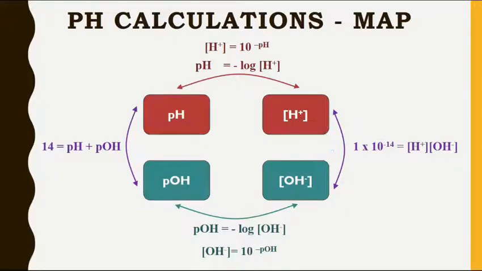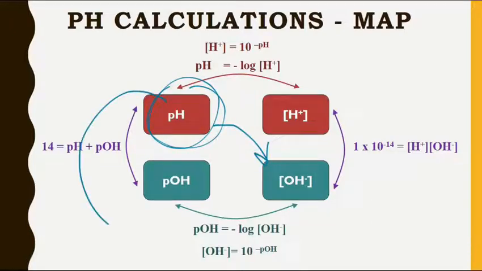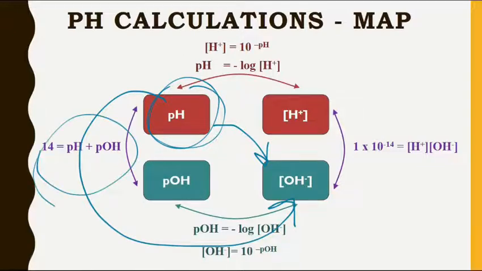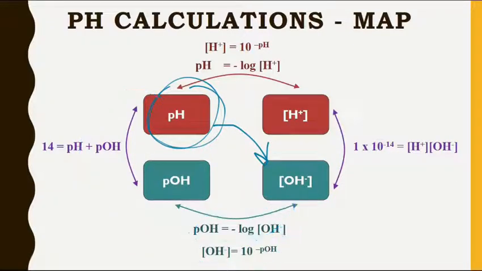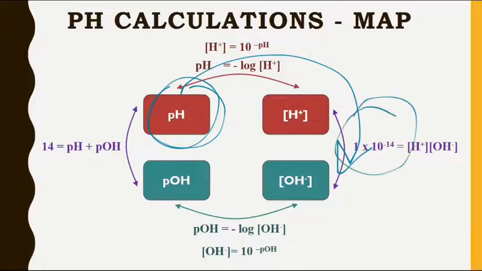But even if I had to get from pH to OH, I would choose to go this direction because it's easy for me to subtract from 14. It's easy for me to remember to take the 10 to the negative power. Those are things I do all the time. Going in this direction, even though it should get me a similar answer, is harder to remember and involves more buttons to push with that scientific notation.